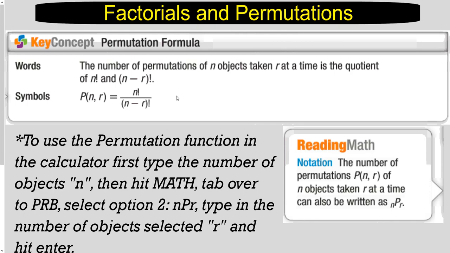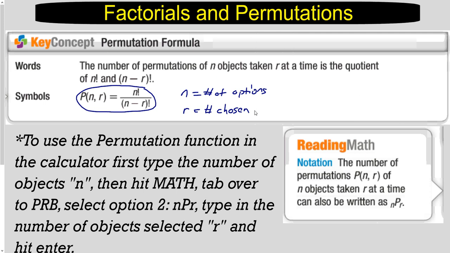Okay, so you are absolutely going to want this in your notes. N is the number of options, number of things. R is the number we're choosing. Okay, so number of things and how many we're choosing.